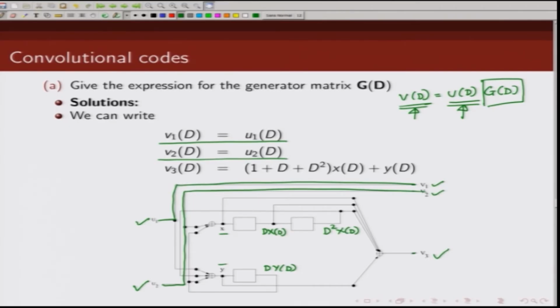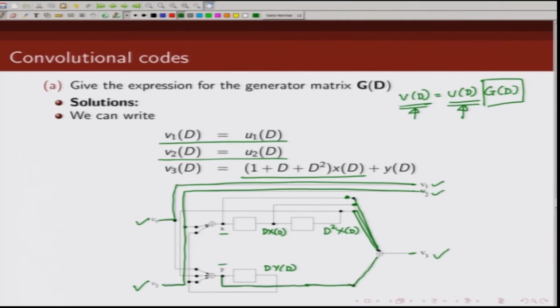Now, what is V3(D)? V3(D) is this term, which is x(D), this term D times x(D), and this term which is D square x(D). So, it is this term plus this term. So, it is these 3 terms. Now, what is this term?